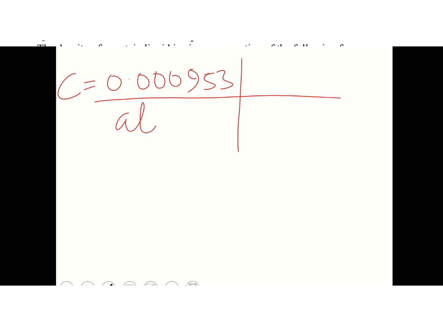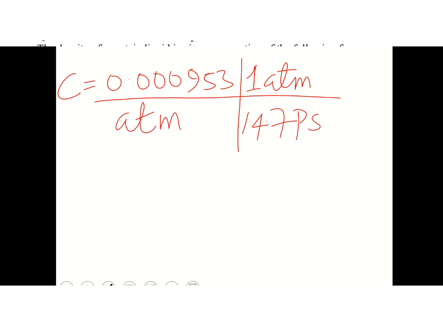Then C, in the same way, is given to be 0.0000953 per atmosphere, and the atmosphere will be down. So what is the conversion factor? 1 atmosphere equals 14.7 psi. So atmosphere cancels atmosphere.